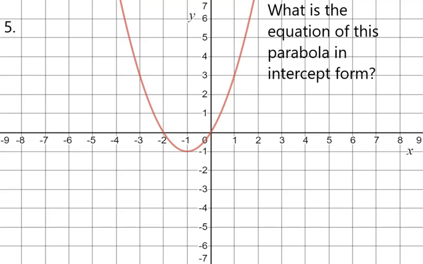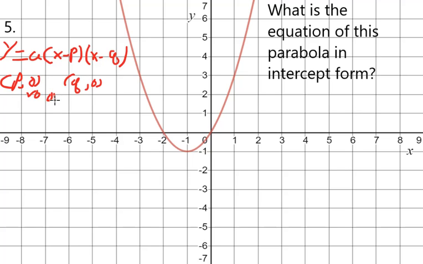Now for problem 5, what is the equation of this parabola in intercept form? Well, intercept form of a parabola is given by the equation y equals a times (x minus p) times (x minus q), where p and q are roots, and a is once again the vertical stretch or shrink.